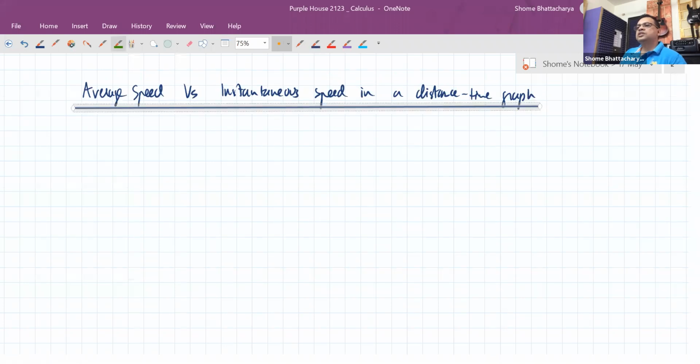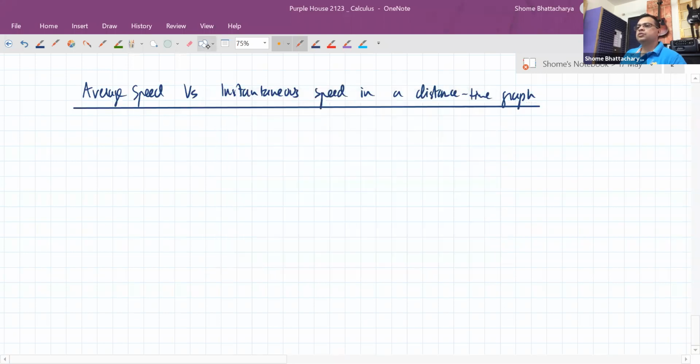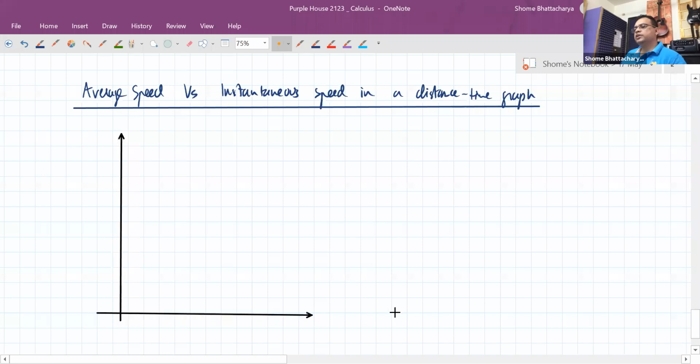Okay. So now let's say we are talking about some more practical type of everyday life problems. So the distance time graph is not something which is very uniform or anything, but it's a bit more random.